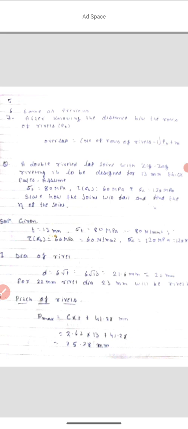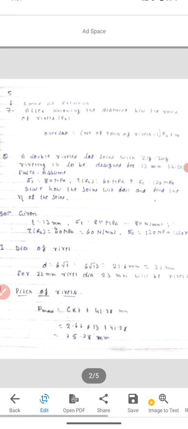For zigzag riveting, the pb value will be 0.33 pt plus 0.67 d, and for chain riveting it is 2d, and we have lots of points there. So we are not going to discuss it, it may get lengthy.